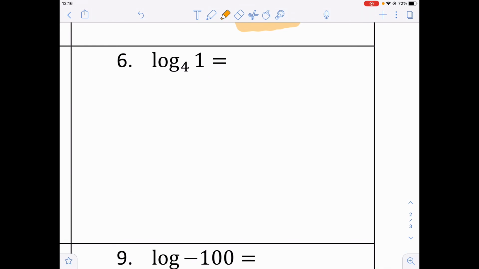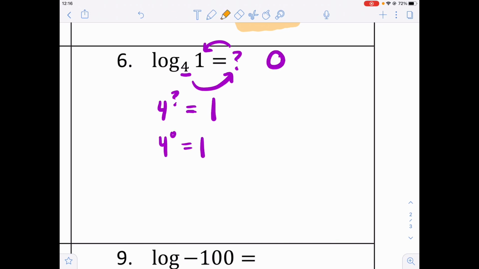Next one. All right, so we want to find log base 4 of 1. We're going to do this by thinking through it, and then I'm going to show you how to do it in Desmos. So we have log base 4 of 1. So our base to what power? 4 to the something equals 1. Well, what power always gives us 1? It's 0. 4 to the 0 is 1. So this is 0.